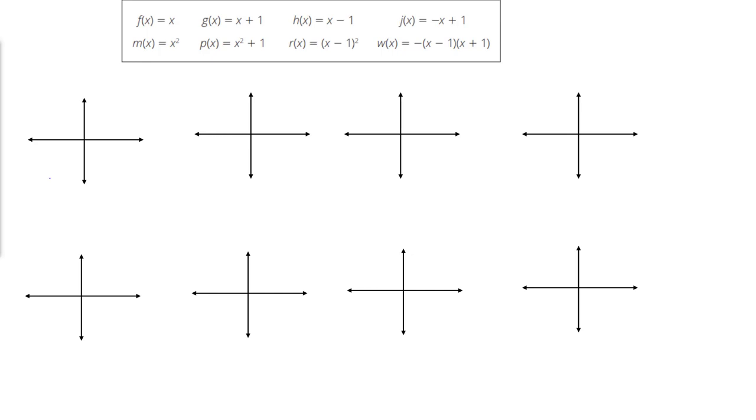So in that top row, we had f of x equals x. That's the first one. That's just a linear graph going through the origin. Where would the next one go through? G of x. What's the y-intercept on that one? 1.